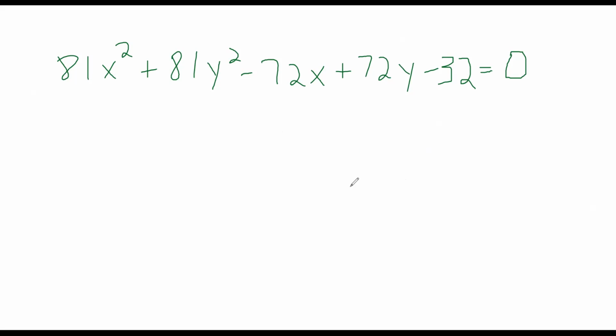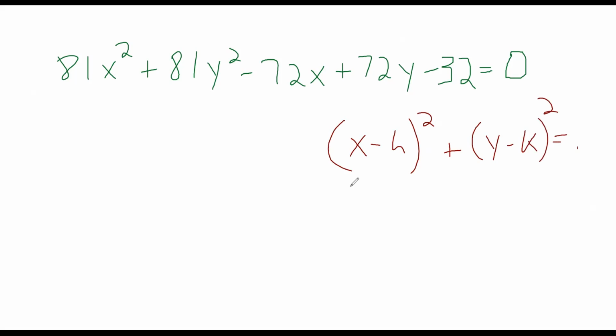Okay, so the first thing we're going to remember is that we'd like to write an equation of a circle in this form. There's a few subtleties to that. For one, you can't put a 3 there and a 7 there in front of that.